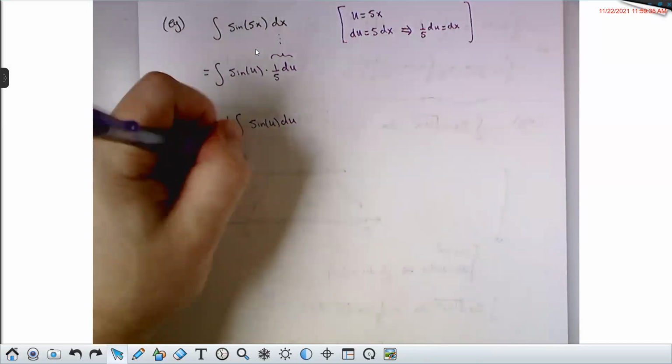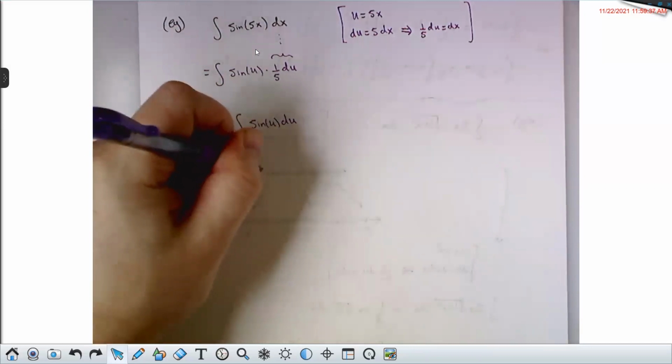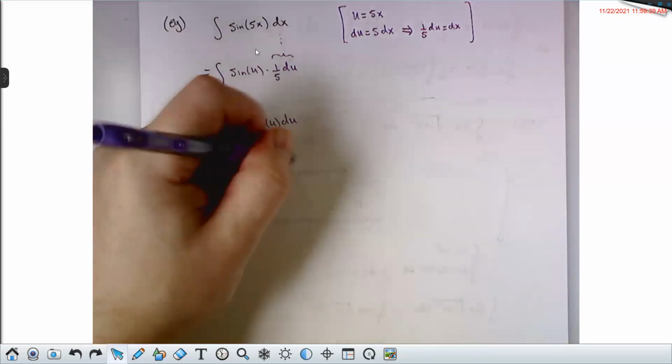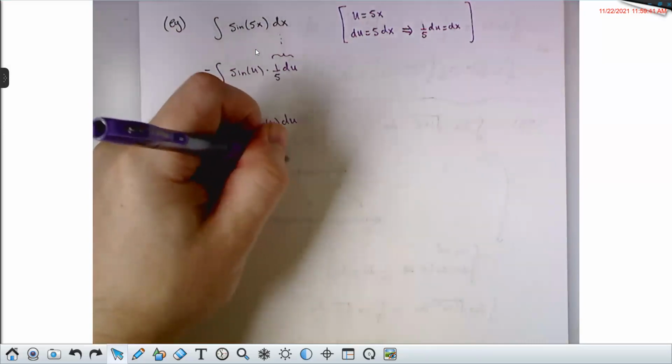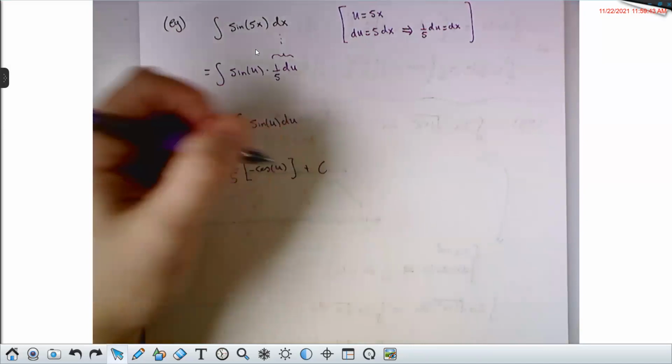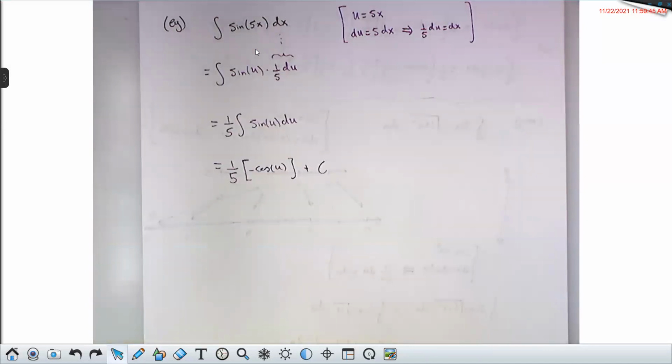The antiderivative for sine u is negative cosine u. I'll write my plus c because it is an indefinite integral.